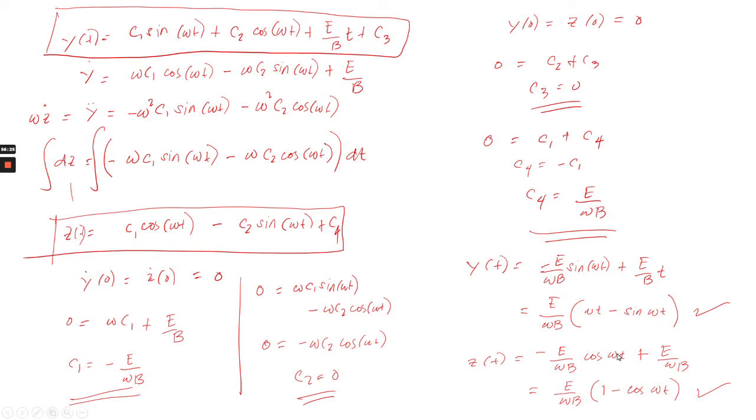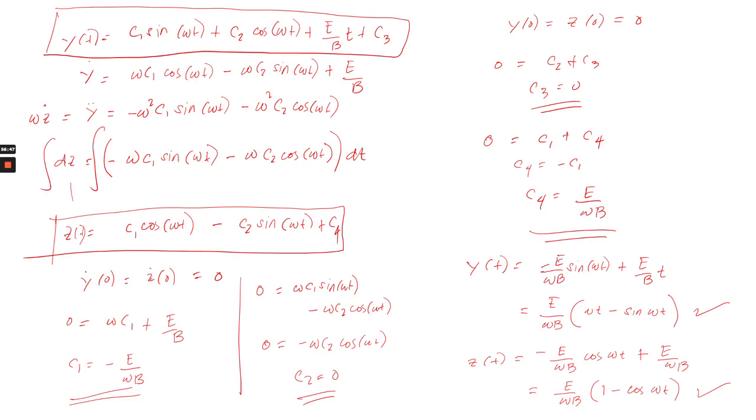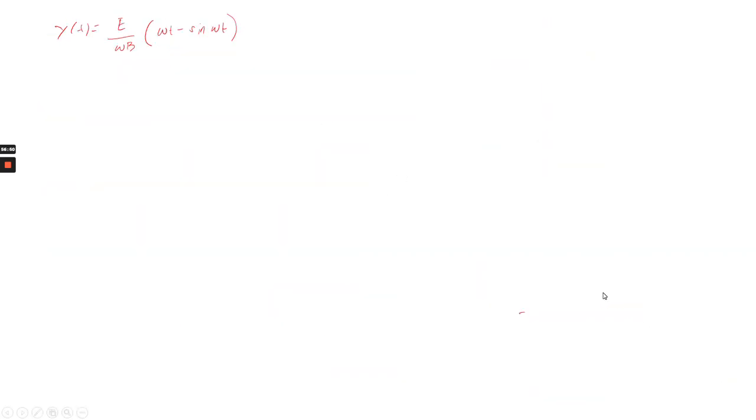So I will transform this. Recall y of t is just E over omega B, omega t minus sine omega t. Right?